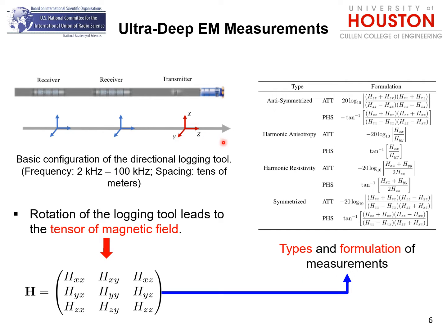So there are 4 measurements, and each one is sensitive to different properties of subsurface formation, which means the formation geometry and properties can be extracted from the measurements. So the question is, how can we do that?